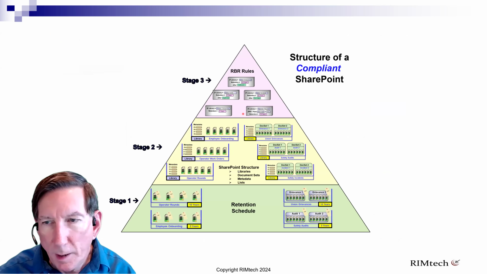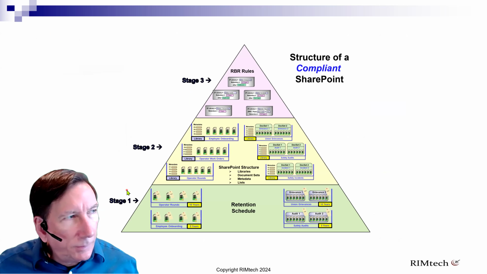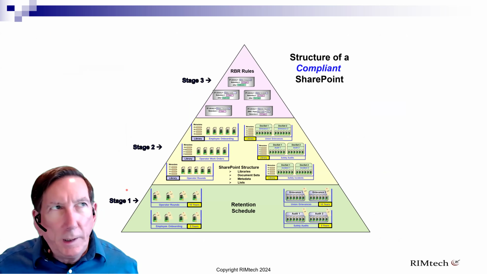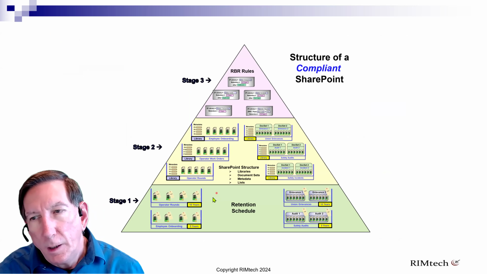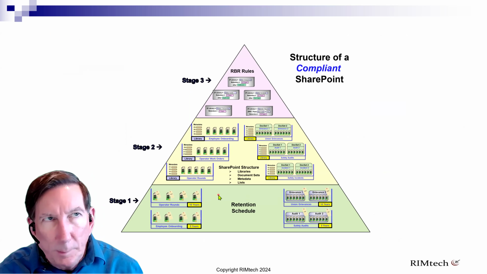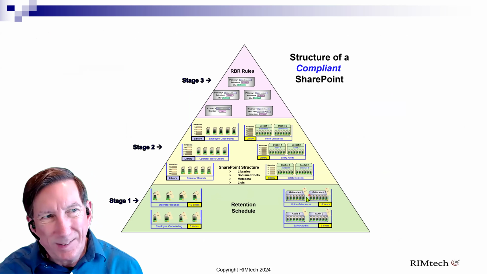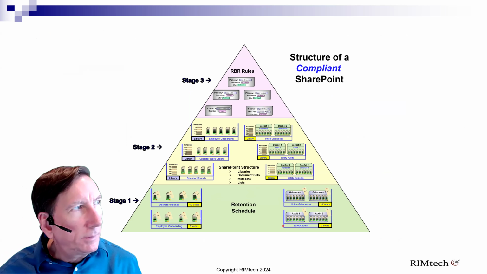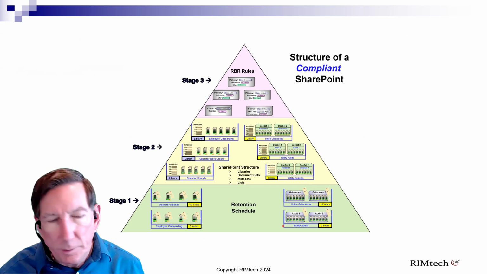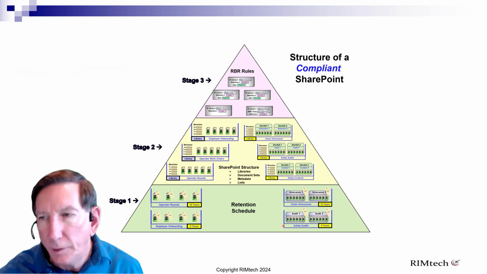The green layer on the bottom right here is your retention schedule. Let's pretend we have a 1,000-user organization with 800 categories in the retention schedule, which would be pretty typical. Of those 800, typically 60% or 480 would be case activities. What are case activities? Well, again, there's a YouTube video we have on it, but in short, they're event-driven retention activities, event-driven.